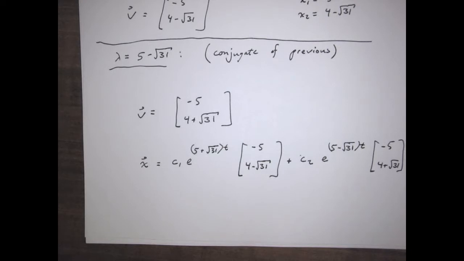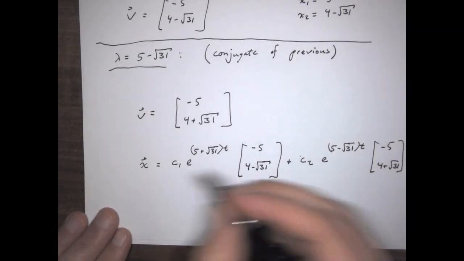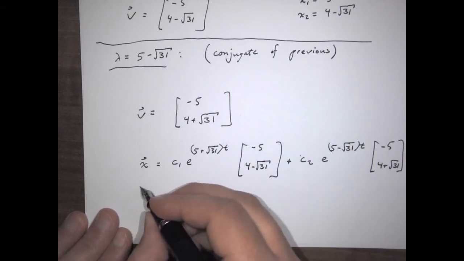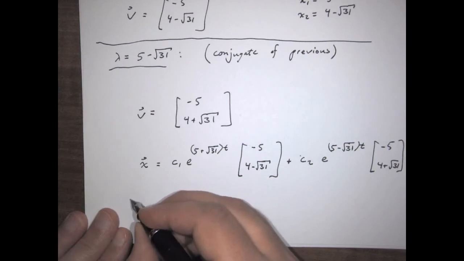Now you can just go ahead and evaluate these as decimals if you want, and it can make your life a little bit easier, but part of the reason why I did it this way is that it makes it suggestive for what we're going to end up doing in the case of complex eigenvalues. So this is fine.